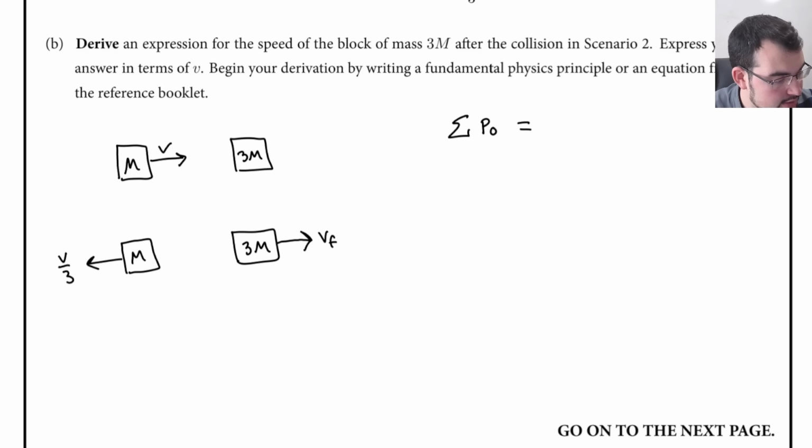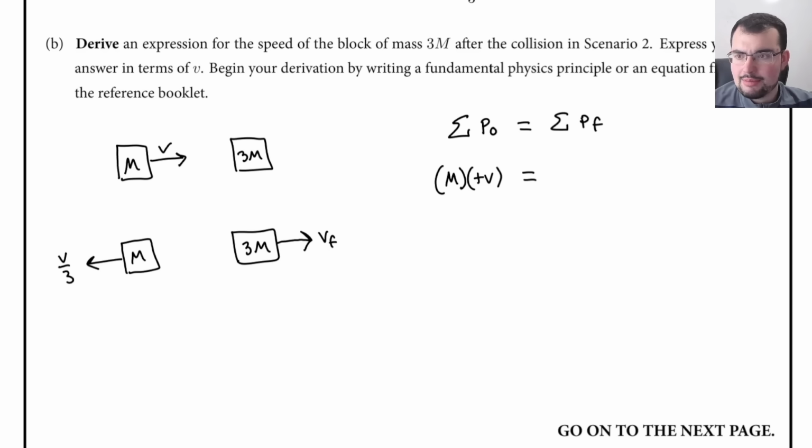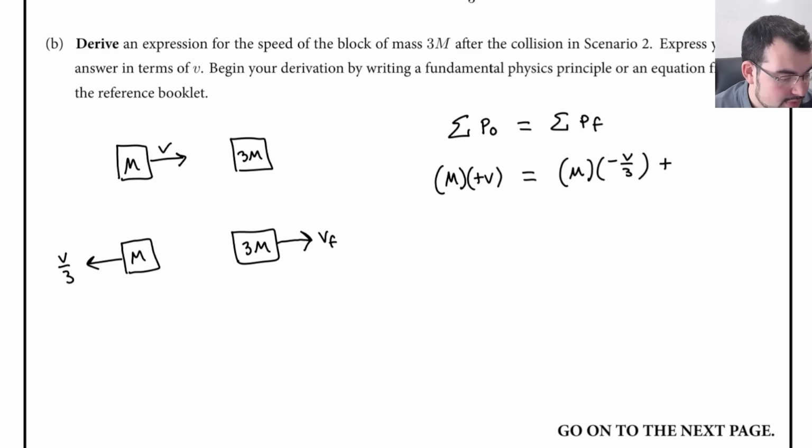So P0 equals P final. Initially I have a block of mass m moving to the right and a block of mass 3m not moving. At the end, I have a block of mass m moving v/3 to the left, and then I have a block of mass 3m moving at a speed vf that I don't know.